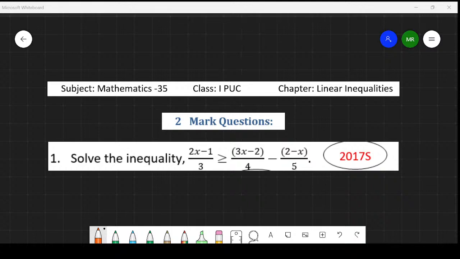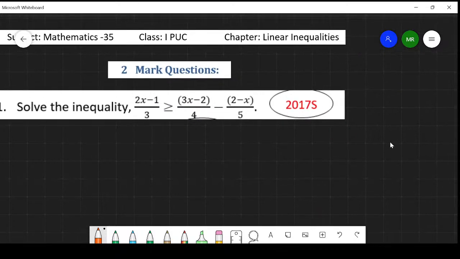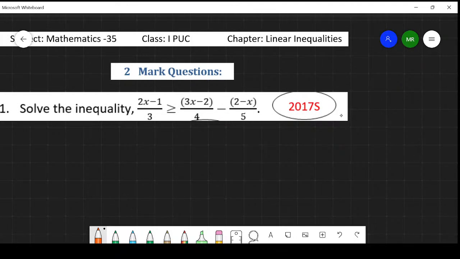For example, I will explain before solving the given problems. What are 2 marks questions here? A simple question: 30x less than 200 is given.